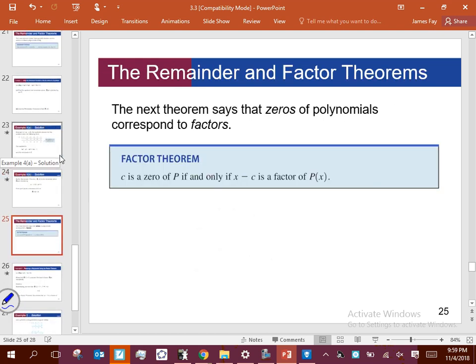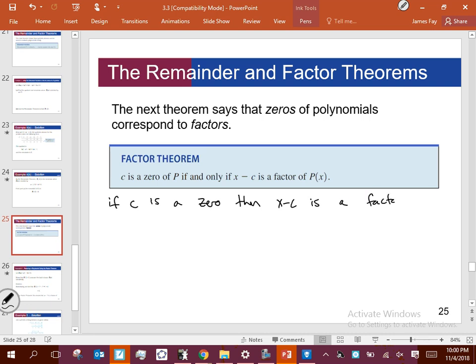All right. Here it says C is a 0 of P if and only if x minus C is a factor of P of x. There's kind of two things going on here. If you remember from geometry, that means if C is a 0, then x minus C is a factor of P of x.